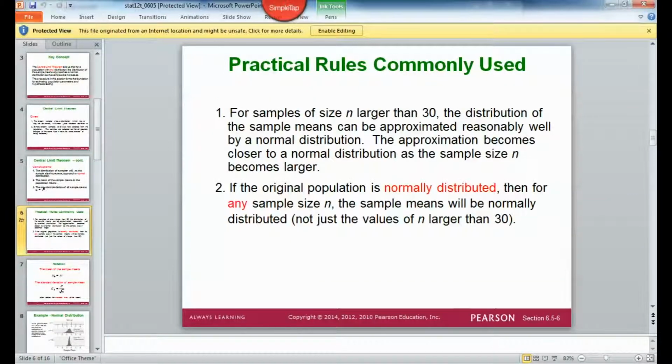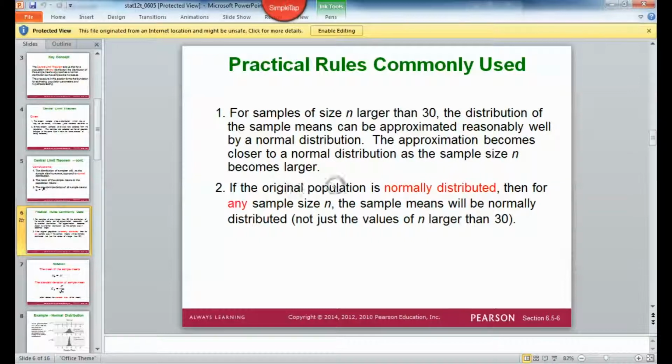Practical rules commonly used. For samples of size n larger than 30, the distribution of the sample means can be approximated reasonably well by a normal distribution. So n needs to be greater than 30. Now the only time that we can work problems finding probability when n is not greater than 30 is when you know that the original population is normally distributed.